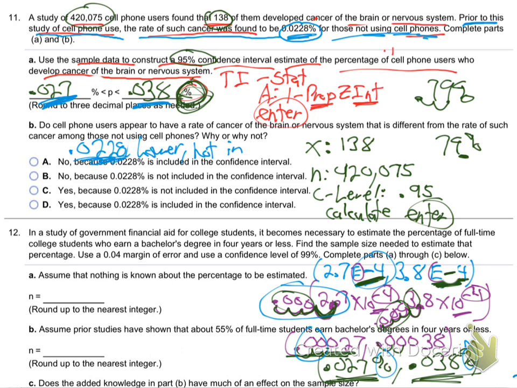not in the interval. So that means this percent, 0.0228%, that's the percentage of people that used to get cancer that don't use cell phones, and it's lower. So the group that does use cell phones, their percentage of cancer came out a little higher.